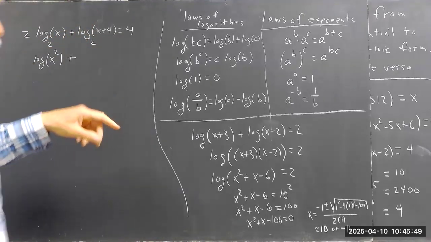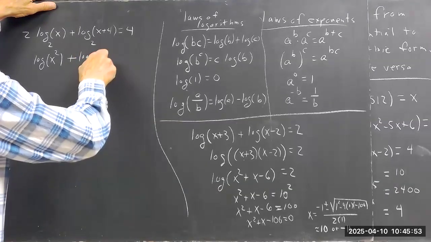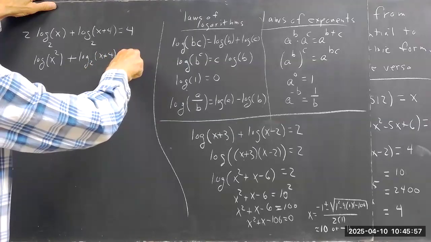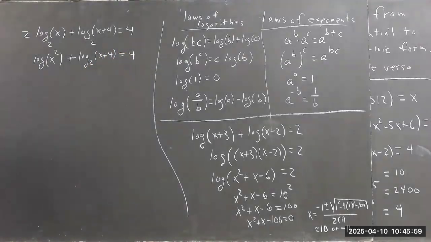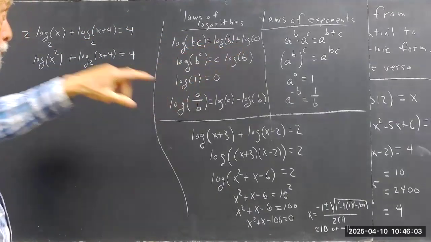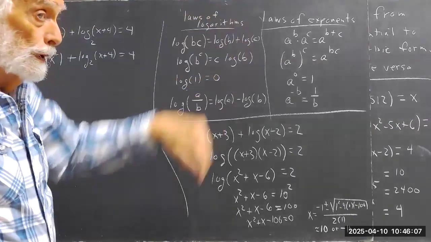Then we have log base 2 of 4, and that equals, okay. Now we can use the first rule. We couldn't use it before because the first rule doesn't allow any number in front of the logs.